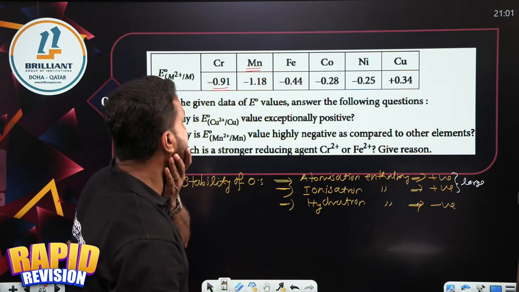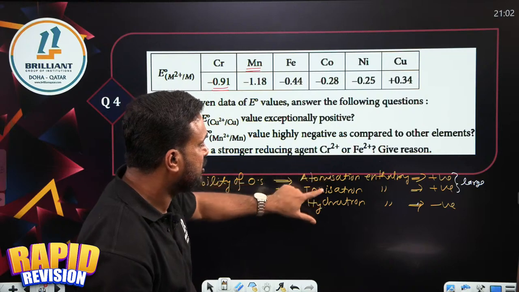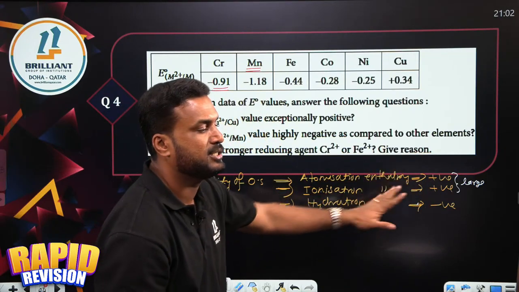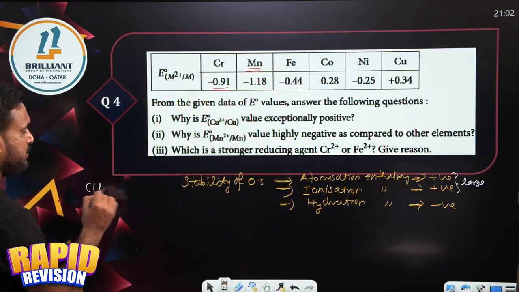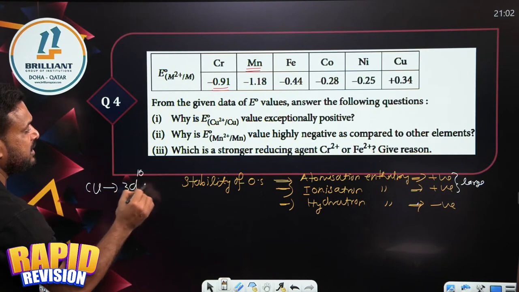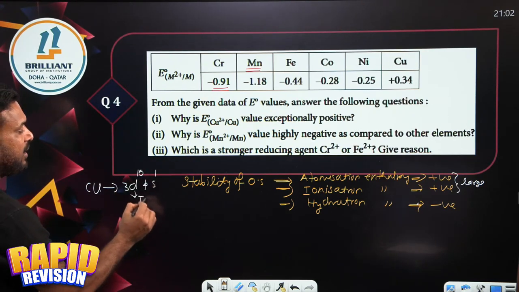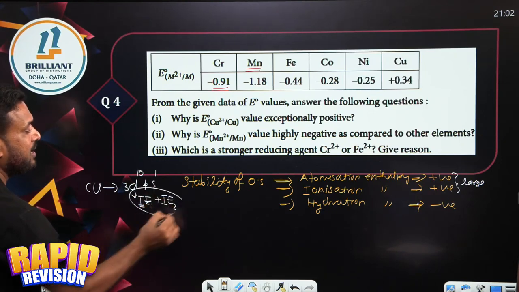So how will you give the answer? Here you have to say that for copper, enthalpy of atomization and ionization enthalpy are much higher than the hydration enthalpy. Copper has the electronic configuration 3d10 4s1. Here IE1, the first ionization enthalpy, will be less, but IE2 will be quite large.